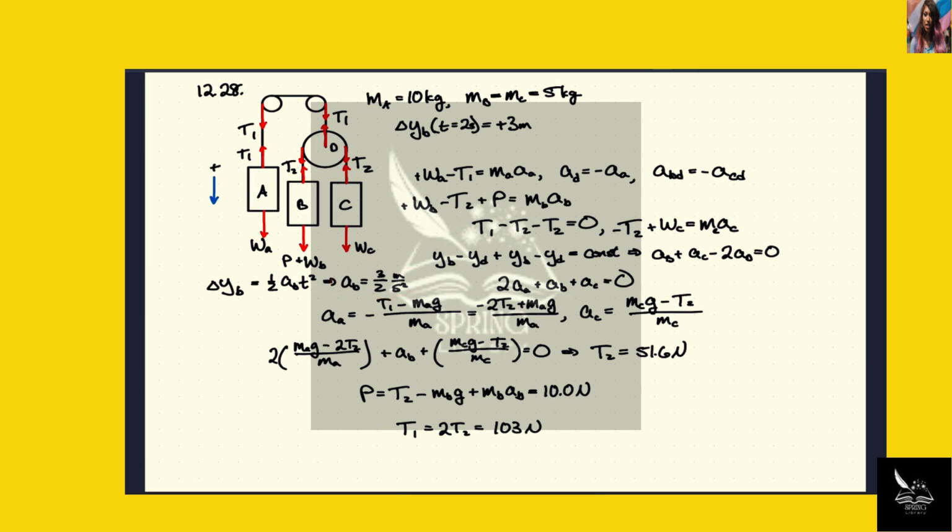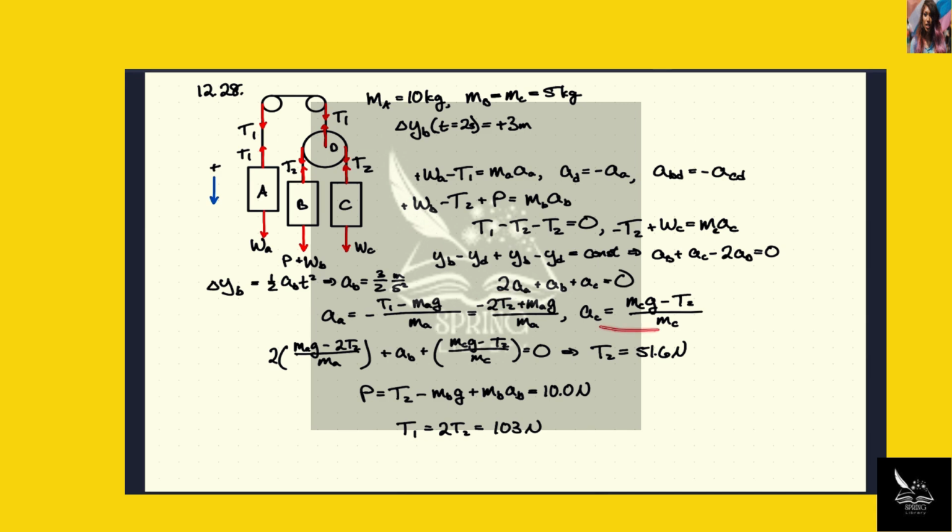Now we can solve this equation for A_A. And where did I get this one? Oh yeah, I just substituted in that T1 equals 2T2, and then distributed the minus sign through there.